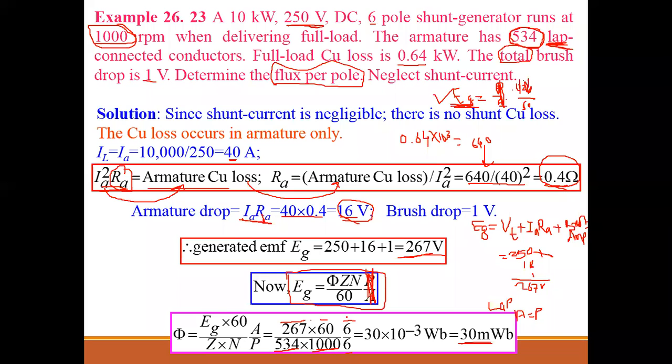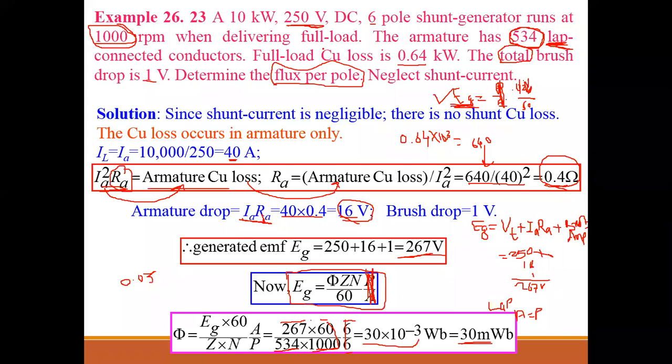Now this 6 will cancel. This 0 will again cancel. Now you can calculate 267 into 6 divided by 534 into 100. So you will get 0.03. Okay, you have answered that 0.03. But already you know that many times fluxes are given in milliwebers, right?